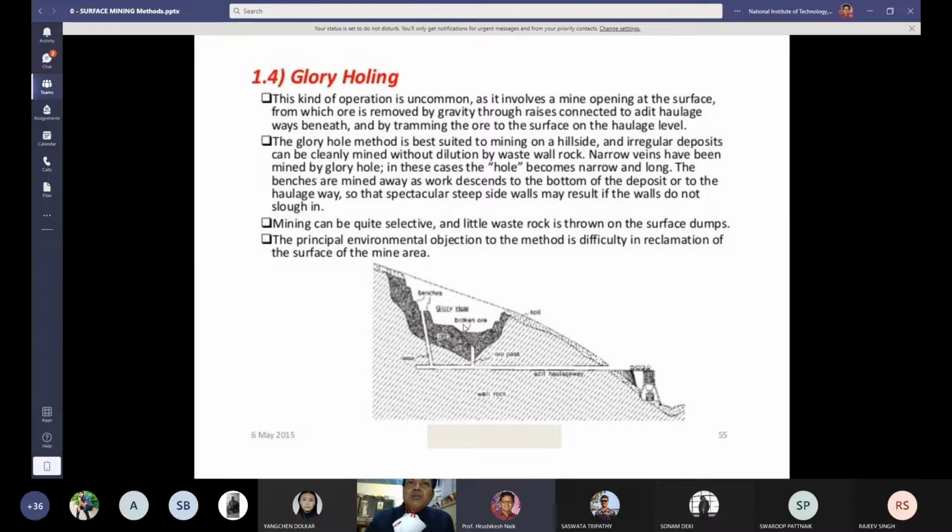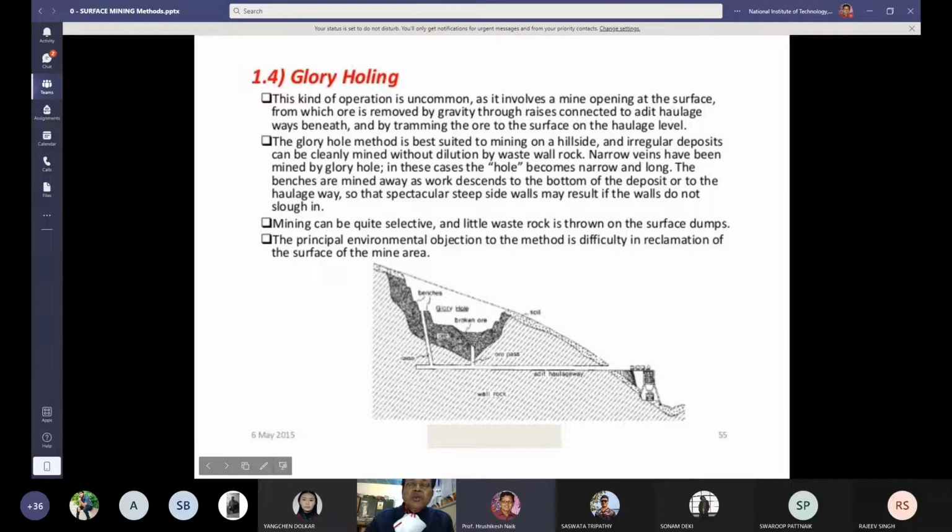It is also applicable for narrow veins being mined by glory holes. In these cases, the hole becomes narrow and long. The benches are mined away as work descends to the bottom of the deposit or to the haulage, so that spectacular steep side walls may result if the walls do not slough in.